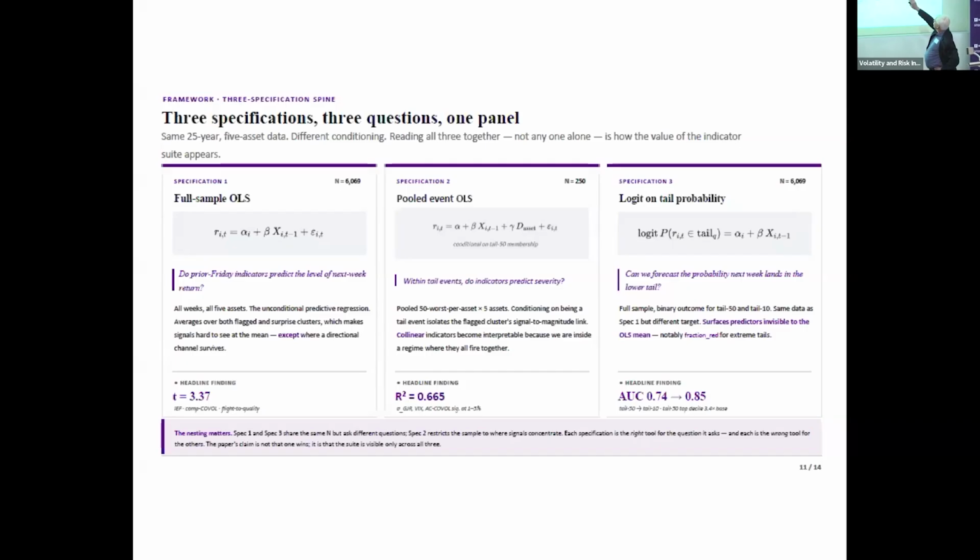It did a pool for the events which were already identified. In this case, I guess what's here are the 50 worst weeks for each of these 5 assets. That gives 250 observations. And we look at, for those 250 observations, what was the return as a function of the characteristics?